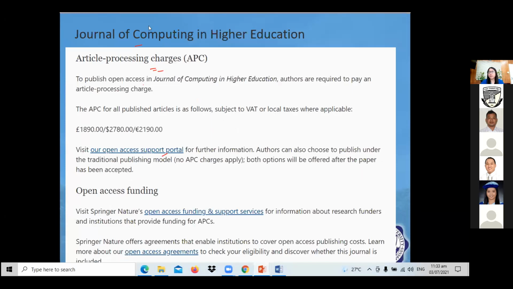And for Journal of Computing in Higher Education, take a look at that. What is the article processing charge? It is worth $2,780. And how much is this in peso?